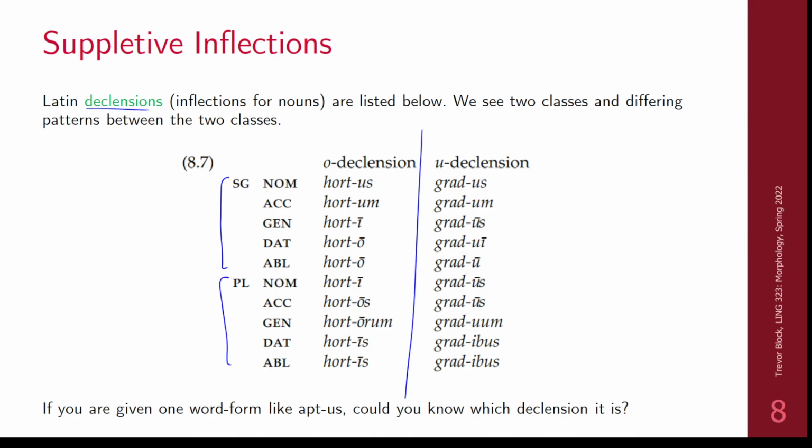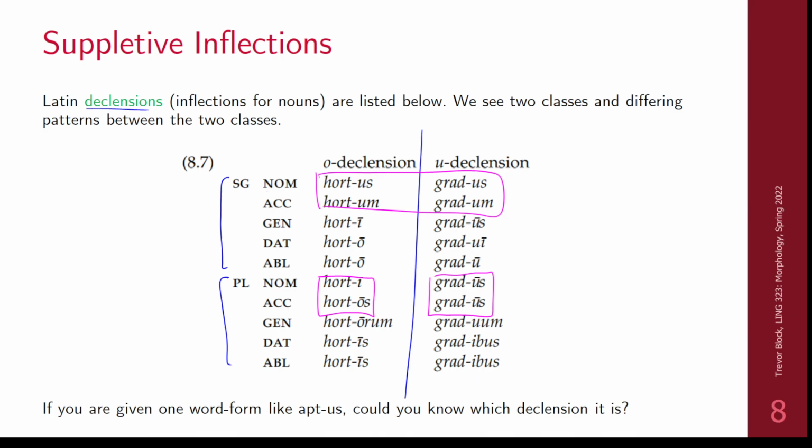When we take a look at this, we'll notice that there are some patterns in between them, but not a lot. For example, the nominative accusative singulars are the same for both declensions. What's another one? For the plural nominative accusative in the U declension, they're the same, but in the O declension, these are actually different. So they have different patterns.